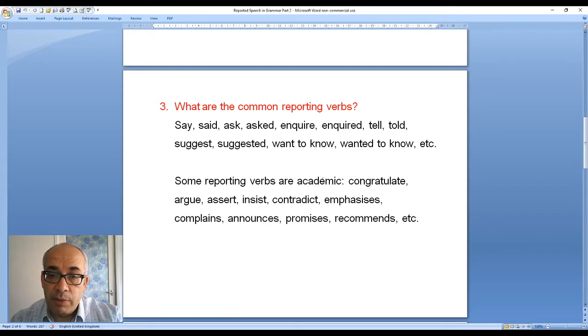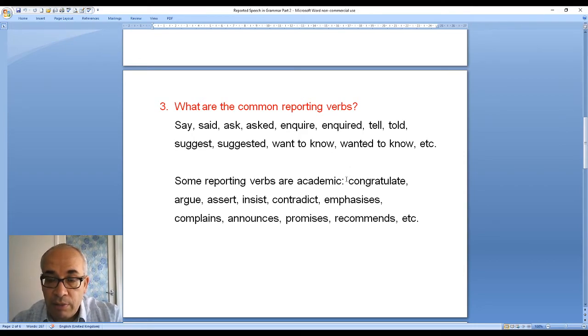Some reporting verbs are academic: congratulate, argue, assert, insist, contradict, emphasizes, complains, announces, promises, recommends, etc. Of course, these are difficult verbs. They are for high level, level 2 or maybe level 3 and above.